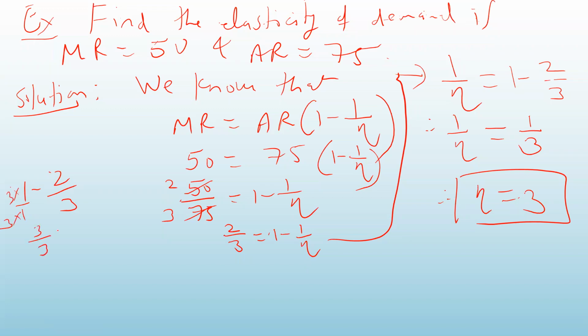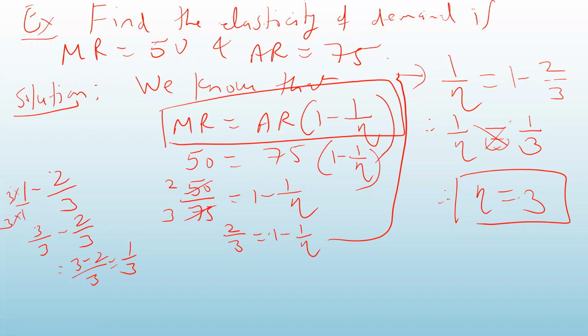We have done this so many times. So 3 by 3. Now the denominator is the same, so you can subtract. That will be 1 by 3. So 1 upon eta is 1 by 3, and by cross multiplication, eta will be 3. If you are given marginal revenue and average revenue, and you have to find out eta, then you can use this relation. This gives you the relation between marginal revenue, average revenue, and the elasticity.